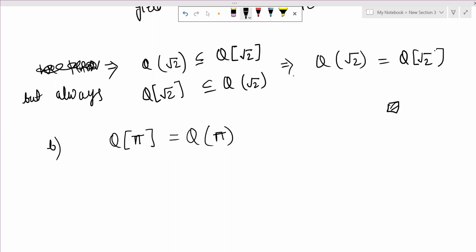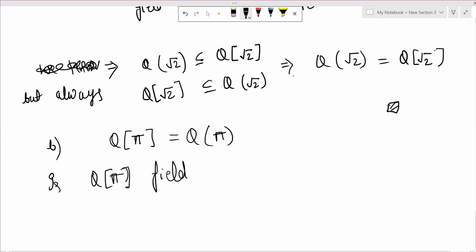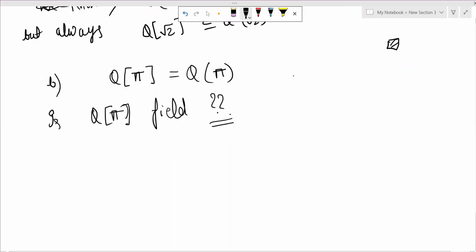Okay, first let me ask you a question. Is Q[pi] a field? This is the first question for you. So tell me, is this a field? Jennifer, is this a field?